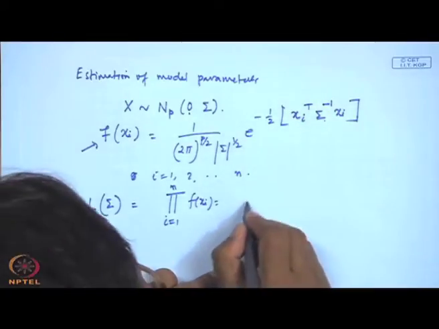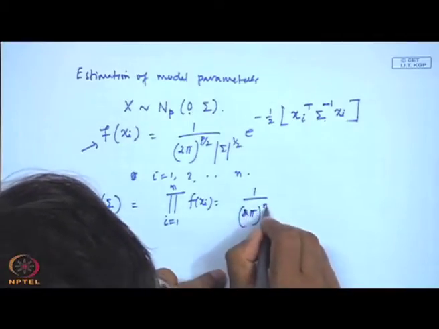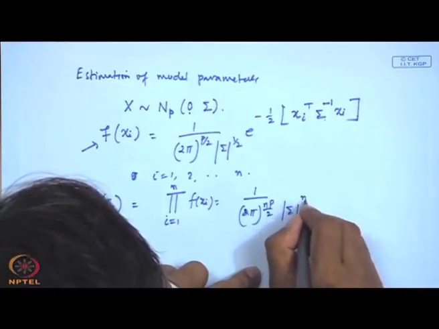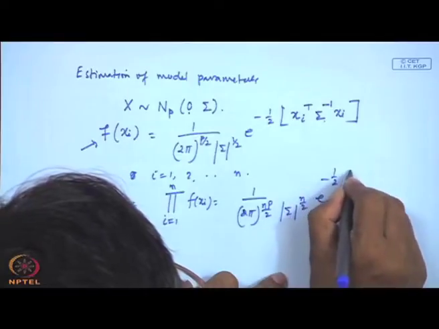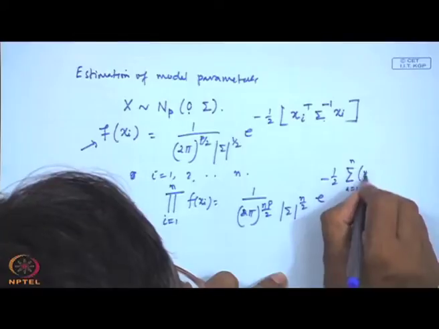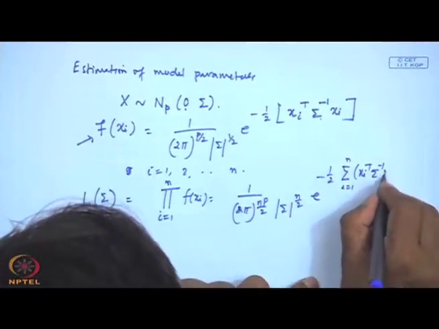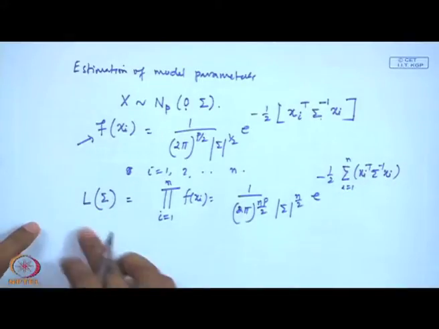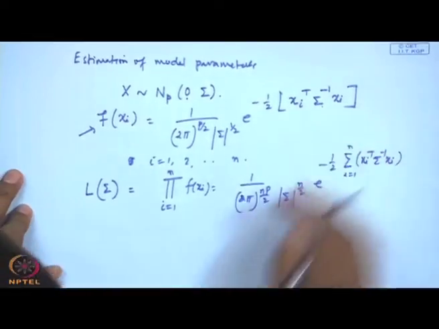Then the resultant will be 1 by 2 pi to the power n p by 2, then determinant of sigma to the power minus n by 2, then e to the power minus half, sum i equal to 1 to n, x i transpose sigma inverse x i. That is the likelihood. And it is customary to take the log likelihood.